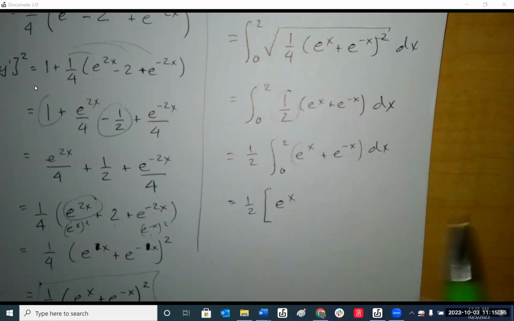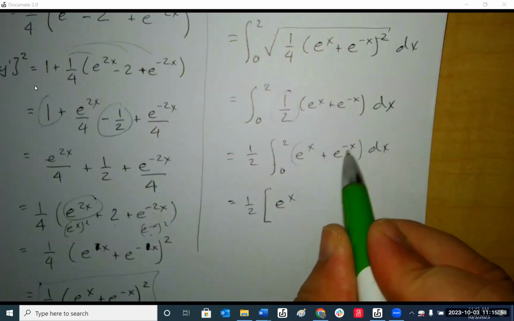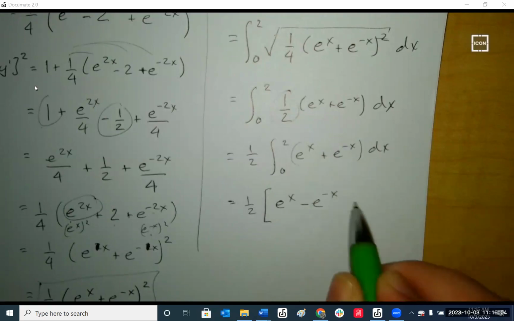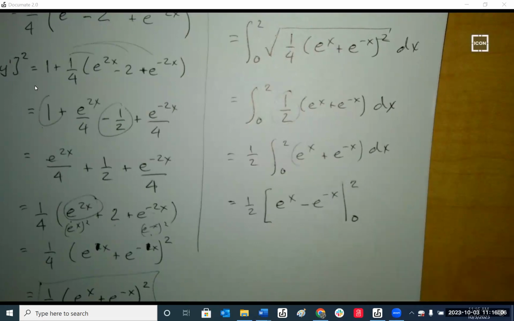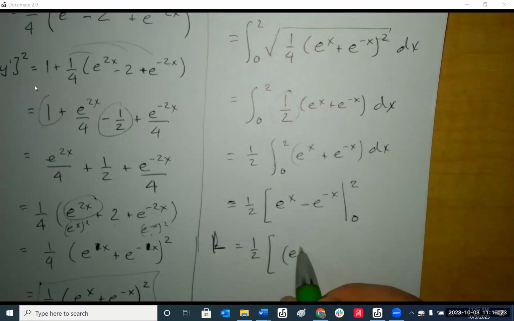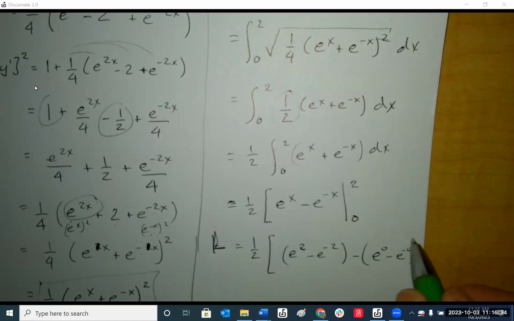E to the x. And the integral of e to the negative x? From 0 to 2. So our length is going to be 1/2 (e squared minus e negative 2) minus (e to the 0 minus e to the negative 0).